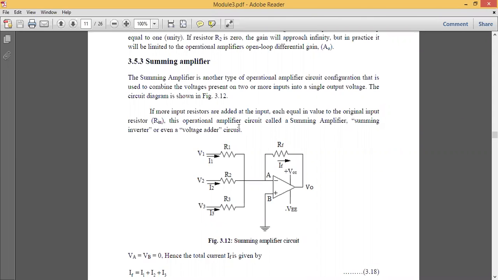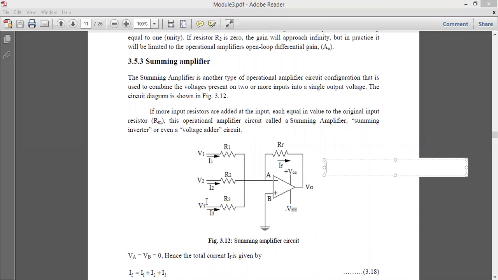Before studying the summing amplifier, you need to know what is an op-amp and the op-amp pin configuration. Configuration means pin configuration. If you look at this diagram, all the input voltage terminals like V1, V2, V3 are applied to A. Here A is nothing but your inverting input, and B is your non-inverting input.